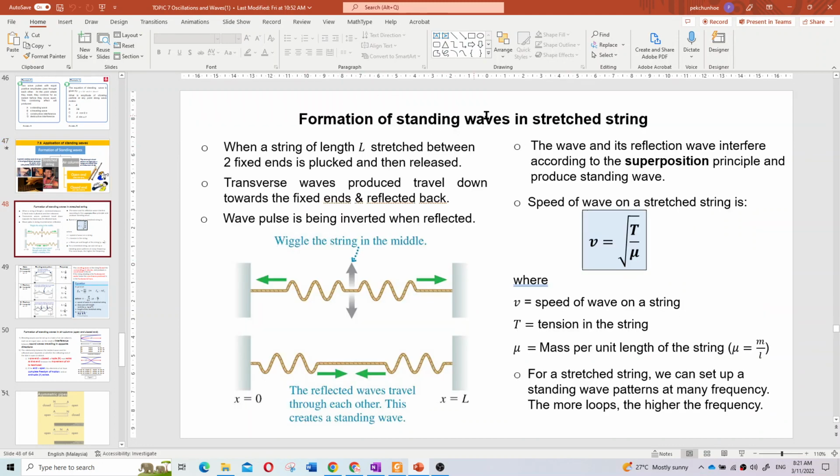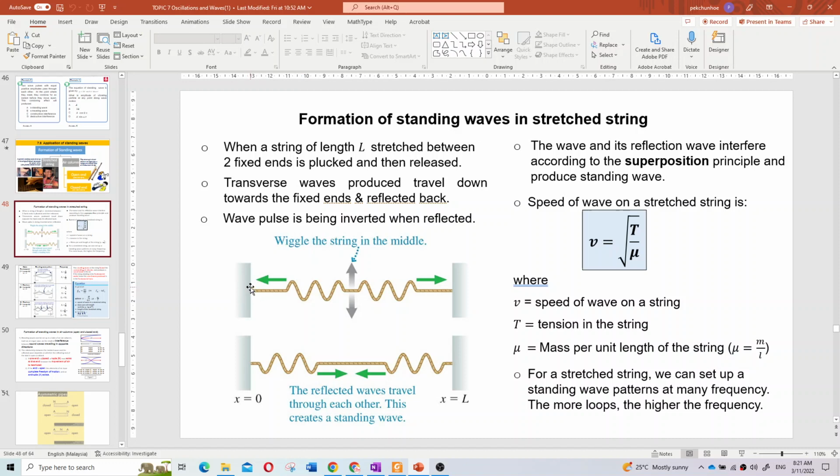Formation of standing wave in a stretched string. When a string of length L stretched between two fixed ends is plucked and released, the wave travels down through the fixed end and is reflected back. When you strike at the middle, you apply a wave inside the string, and this wave travels down the string.